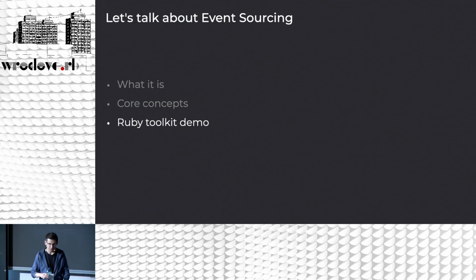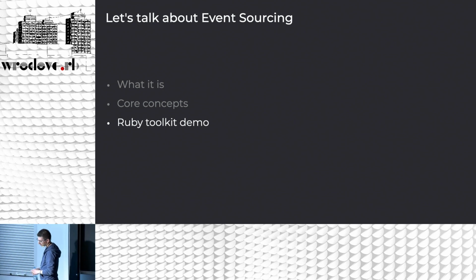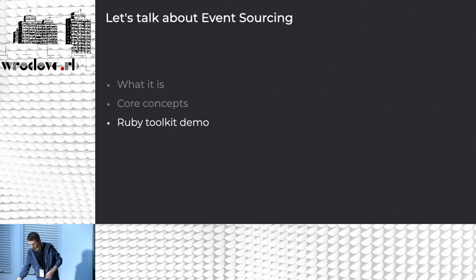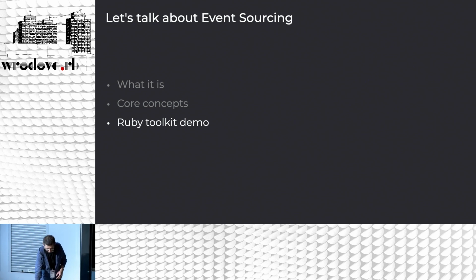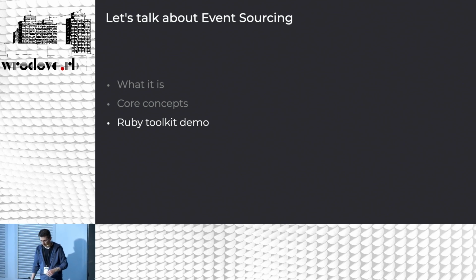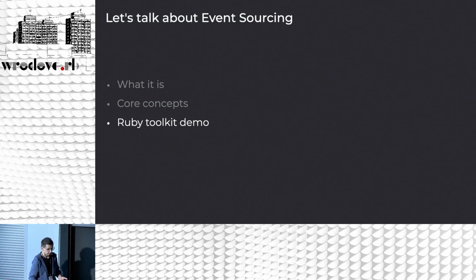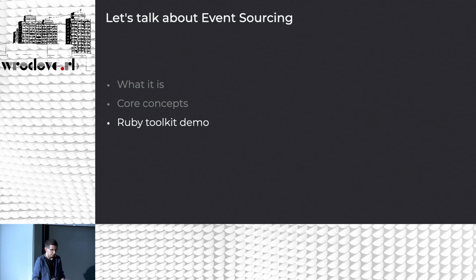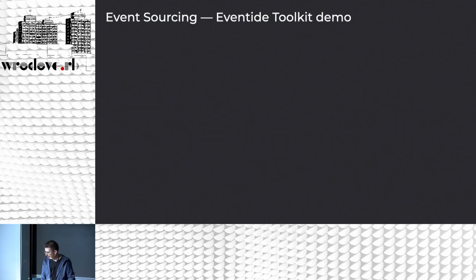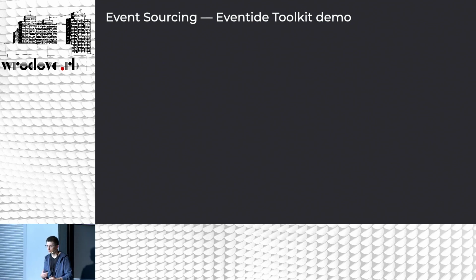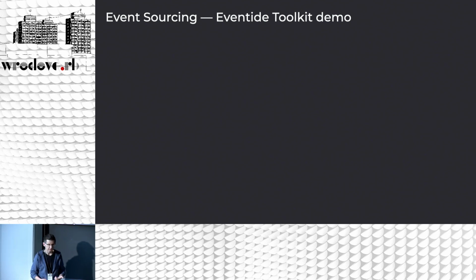Let me show you how it works. I've kept you in the realm of Eventide projects, so the examples will be from there as well. You can find available example projects that the Eventide team uses in their workshop, and you can download them.